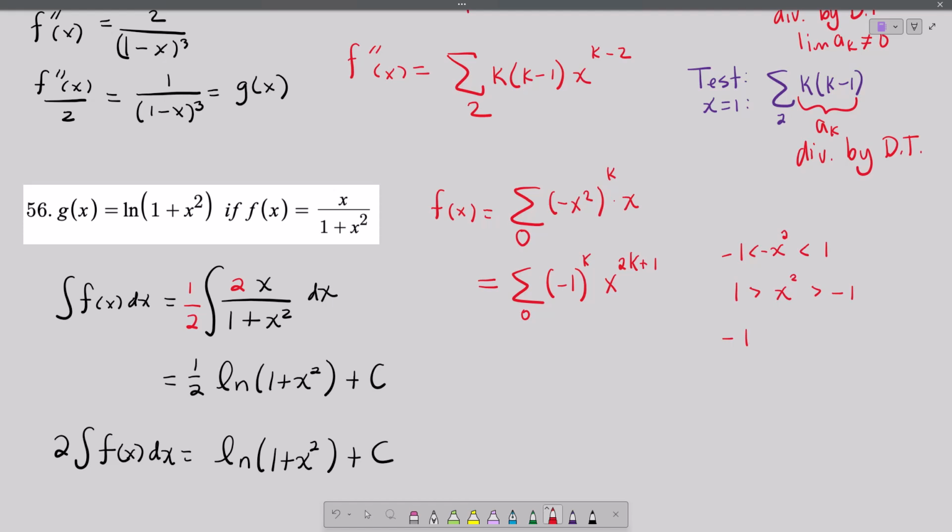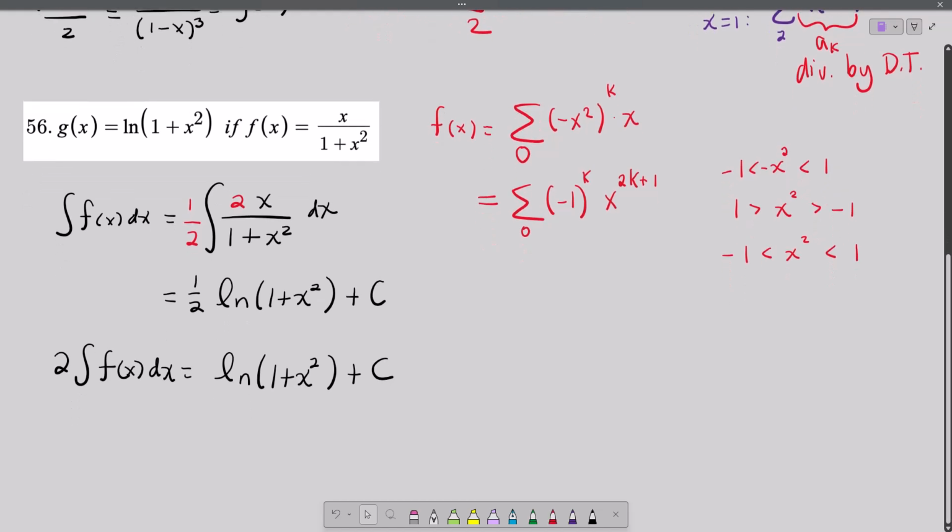It's easier to read an inequality when it is in this order, right there. And so this says we want the x's so that x squared is between negative 1 and 1. X squared is always greater than negative 1. So it's really the right-hand side that's going to be what we have to decide.